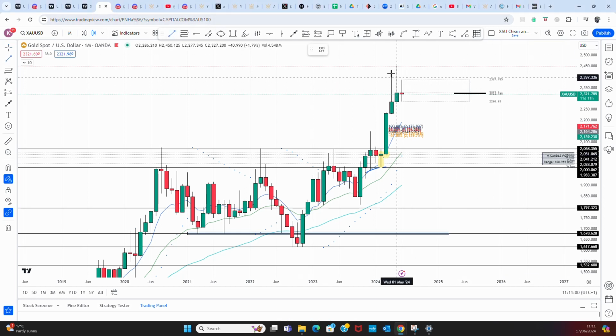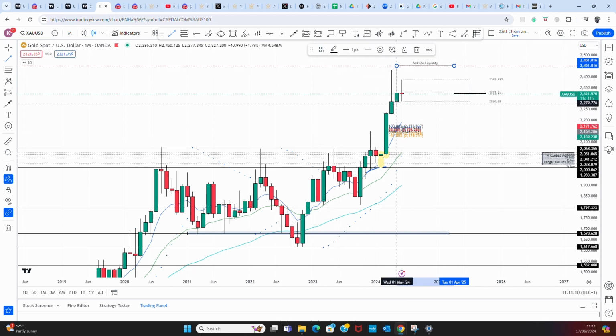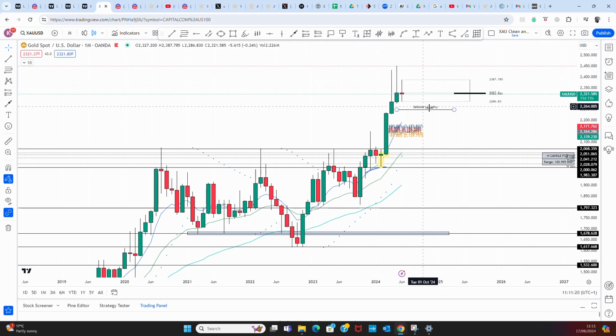Let's mark that out. There, bingo. Sell side liquidity, bingo. That's where it sits, and where's buy side liquidity.